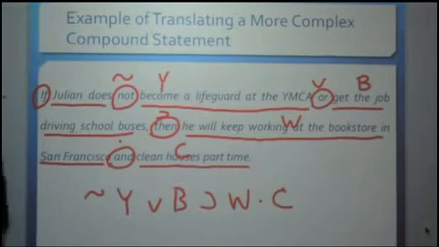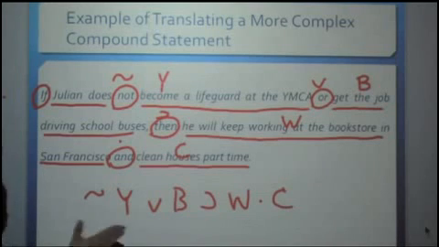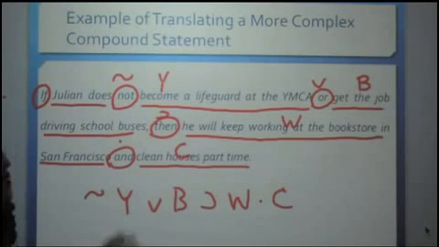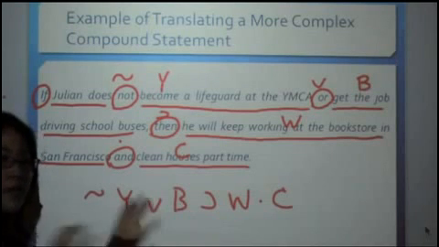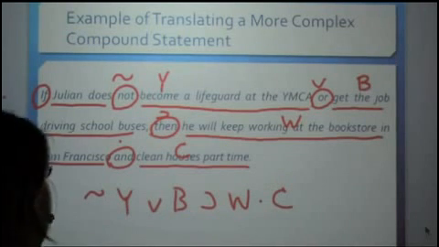However, notice that this is not a well-formed formula, okay? We need to now add parentheses in here to disambiguate the various statements, okay? And when we add parentheses, we want to make sure that the parentheses pull together the units that make up the larger compound statements, okay?